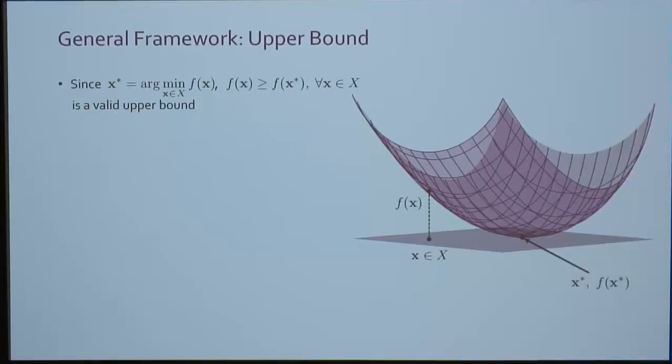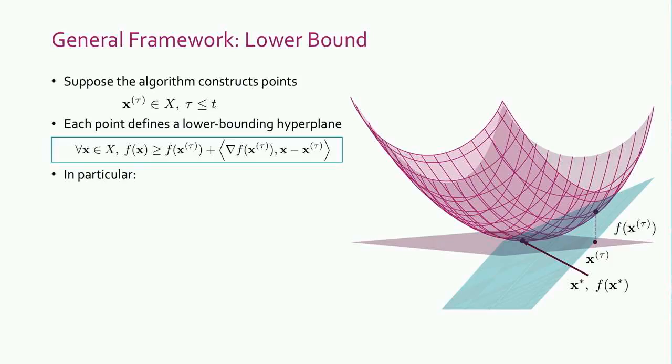In particular, if I'm running any algorithm, I can take my upper bound to be the function value at the last point I constructed, or it can be some convex combination of the function values at all the points I have seen so far. And this type of choice makes sense, and I can map it to an actual solution due to Jensen's inequality, which tells me that the function value at the convex combination of the points is less than or equal to the convex combination of the function values at those points. So this works.